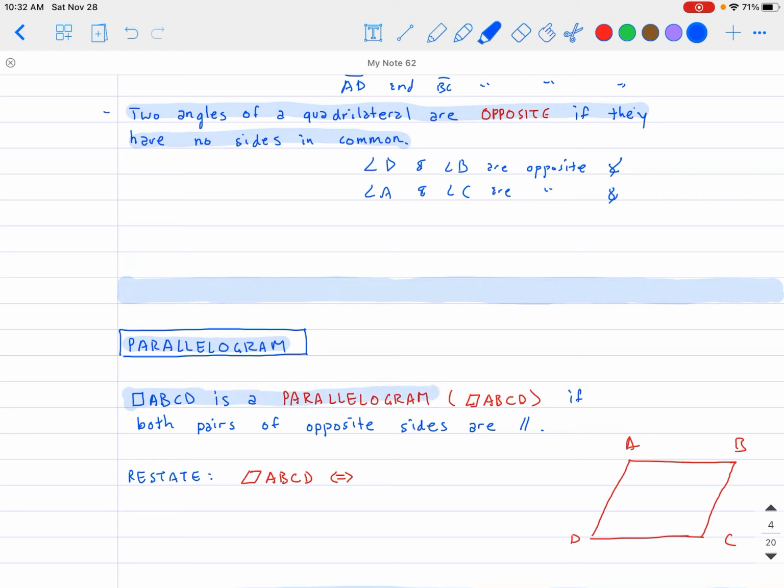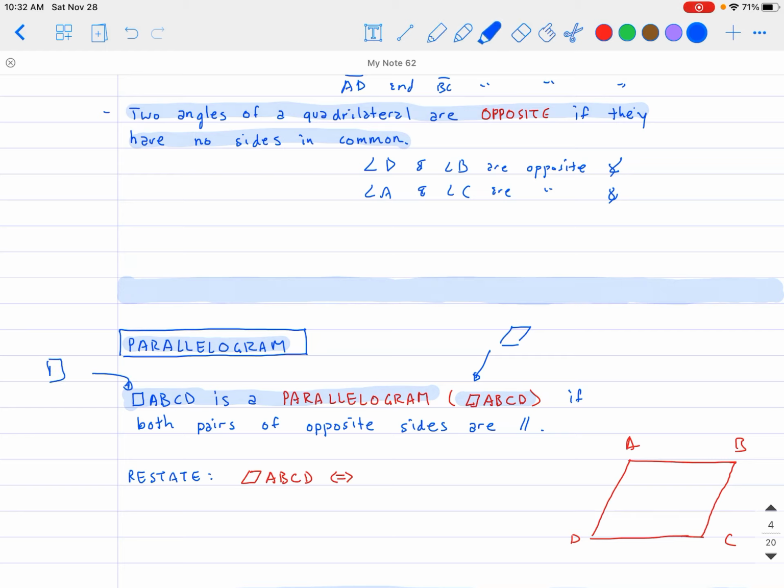The way that we denote a parallelogram is very similar to that of a quadrilateral, but over here you can see the shape of a parallelogram, whereas if you remember, for a quadrilateral, we use a square. So that's how you tell the difference between the two.